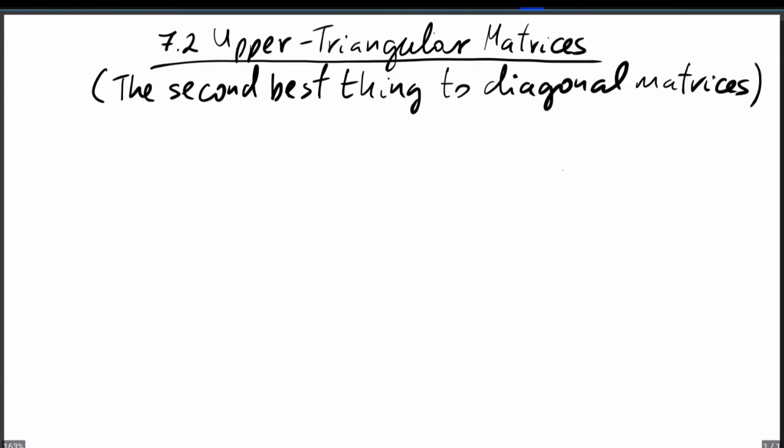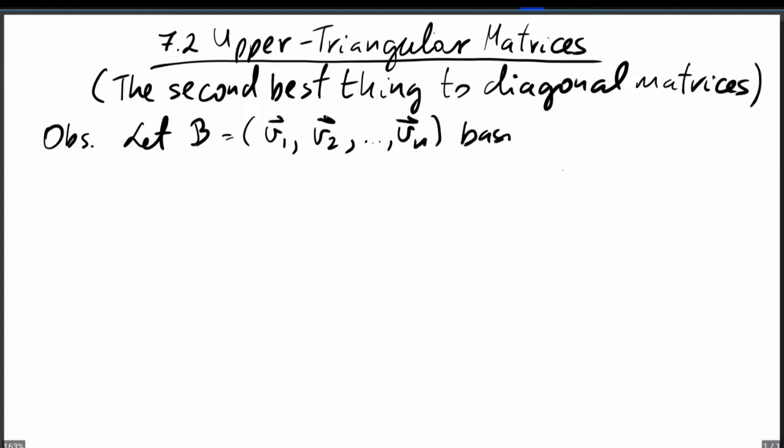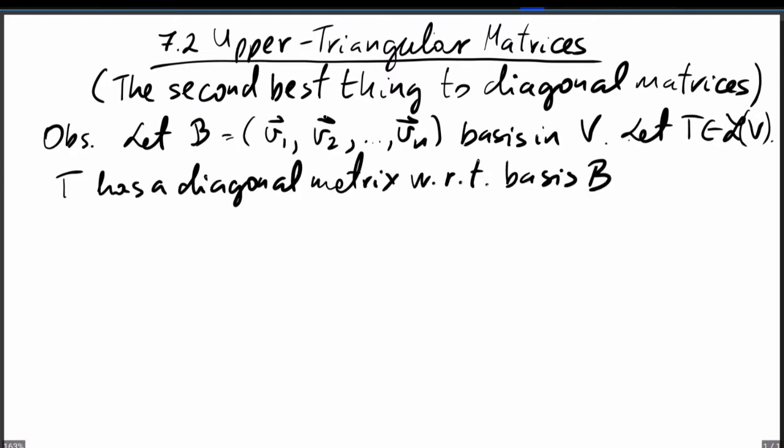ultimate goal. And first of all, we have an observation that if we have a basis B with basis vectors v1, v2, ..., vn in vector space V, and we have a linear operator T, then T has a diagonal matrix with respect to basis B if and only if T vi equals lambda i vi.